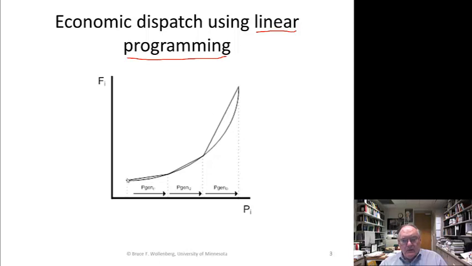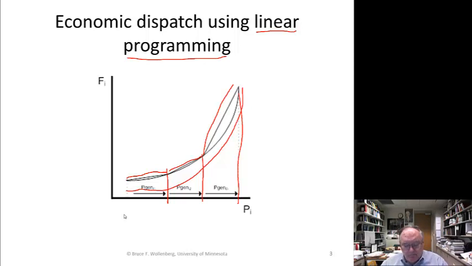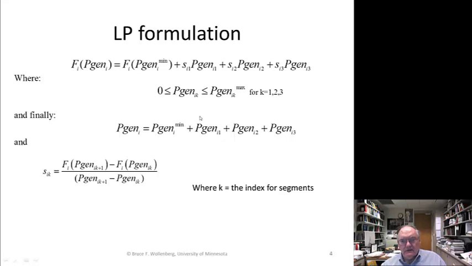And we'll find out later, especially in optimal power flow, that if we have three linear segments, we've got this nonlinear curving function down here and we made three segments out of it, then we can actually set up this problem as a linear program to do the economic dispatch.